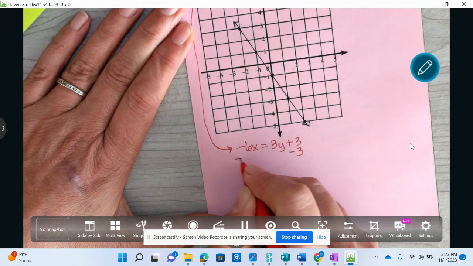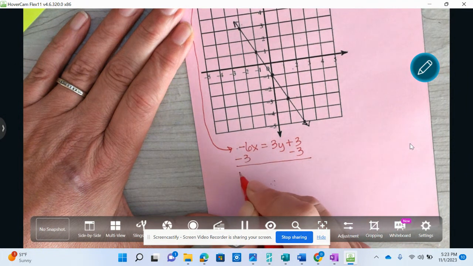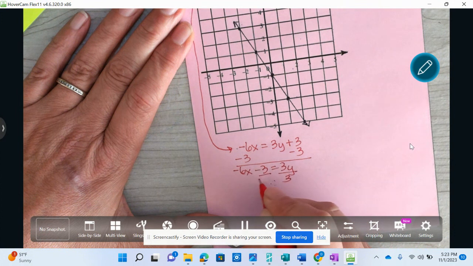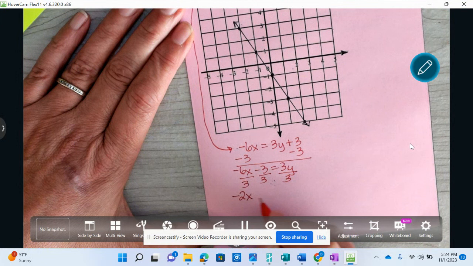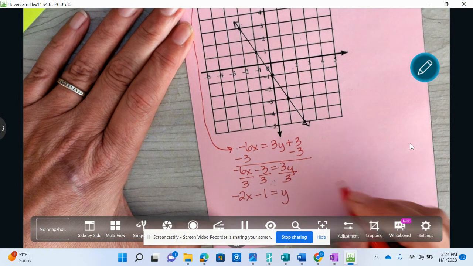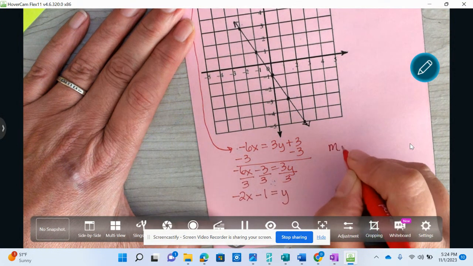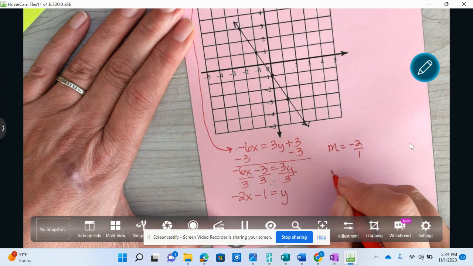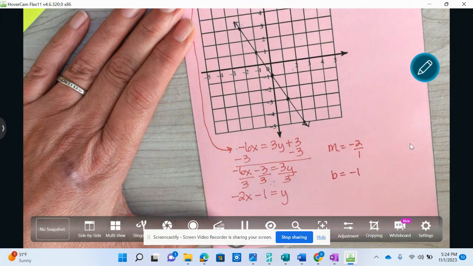So negative 6x equals 3y plus 3. I'm going to subtract 3 from both sides first. Negative 6x minus 3 equals 3y. And then I'm going to divide everything by 3. Negative 2x minus 1 equals y. So I notice that my slope is negative 2 over 1, and my y-intercept is negative 1.